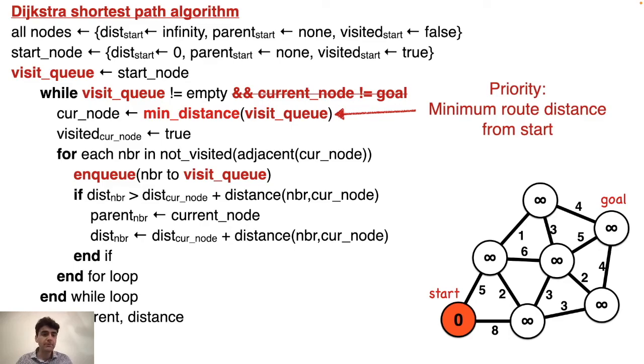Within the main loop of the search algorithm, when the algorithm chooses to visit the current node, you can see on the line of pseudocode just below the while loop that it chooses the current node based on the priority of the minimum distance, with respect to the visit queue.